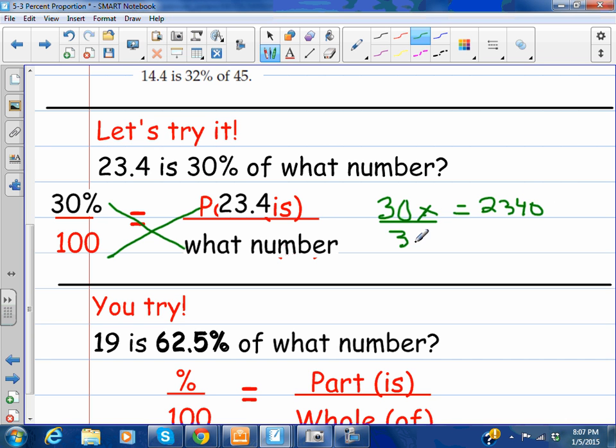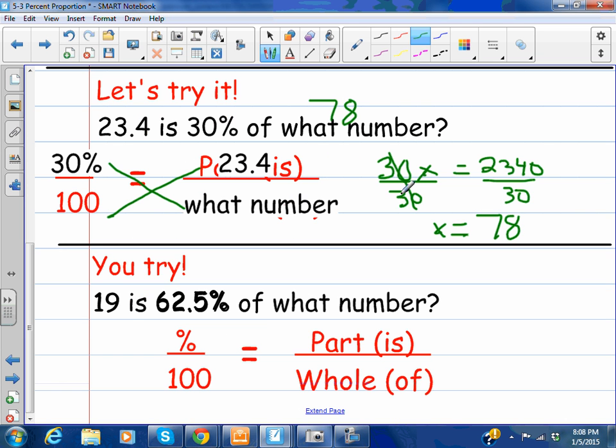Divide by 30 for our whole number, equaling 78. So what this means is 23 and 4/10 is 30% of 78.